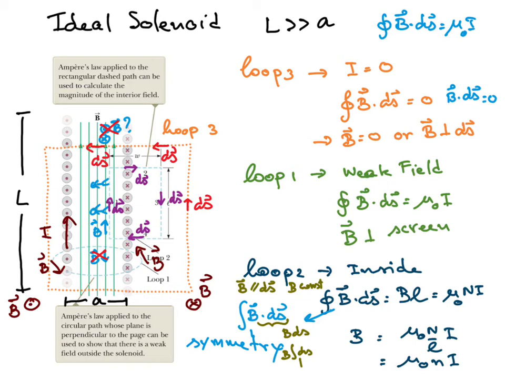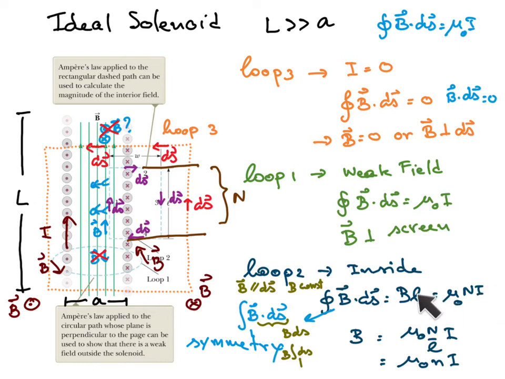Okay, if we count the number of the wires that pass through this loop, this is N. For example, in this figure N is equal to 1, 2, 3, 4, 5, 6, 7. So if we have 7 wires that pass through this surface and each wire carries the current I, the total current that passes through this surface is NI. So we have that BL equals mu NI.